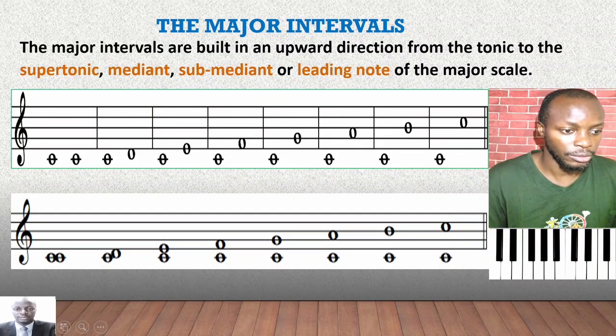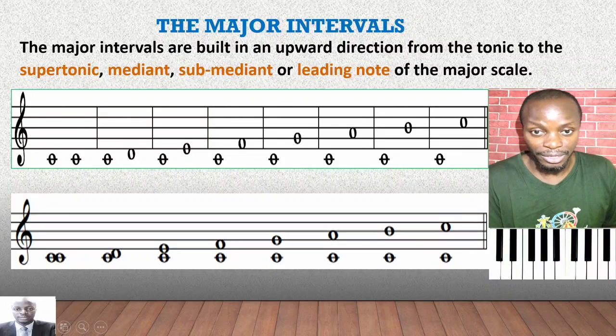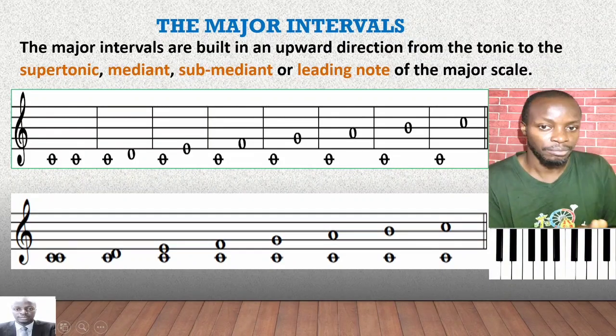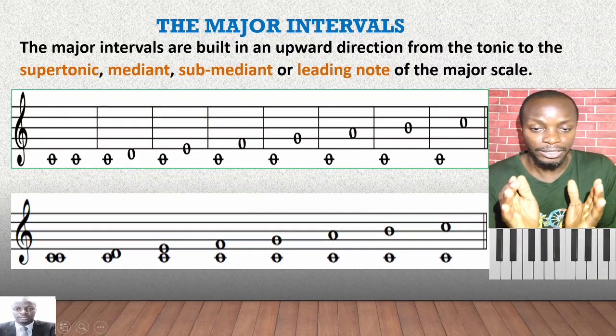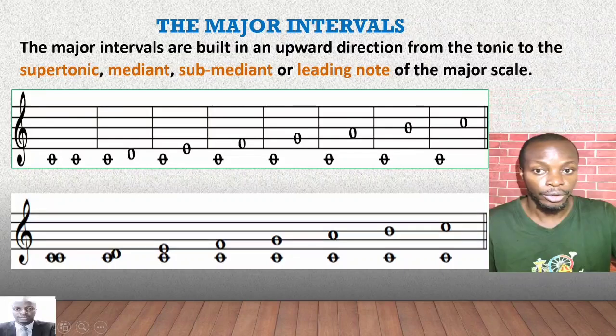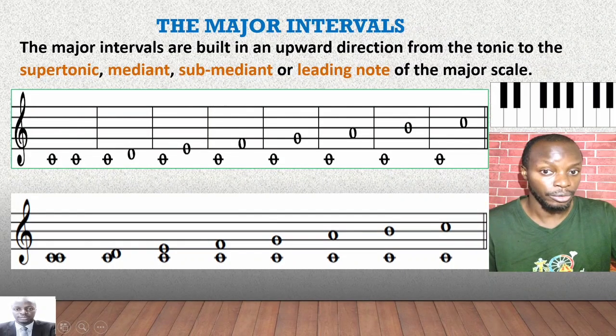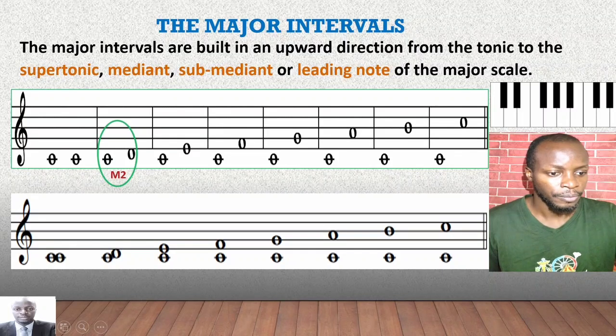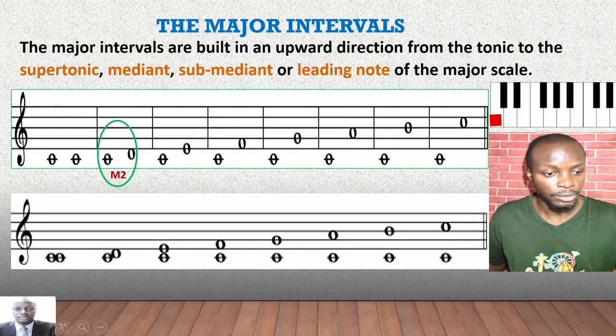We have some major melodic intervals, right? They are melodic intervals because the pitches exist after one another, and we're going to get a detailed description of this with the help of the keyboard, right? All right, now let's see. So we have a major second, right?